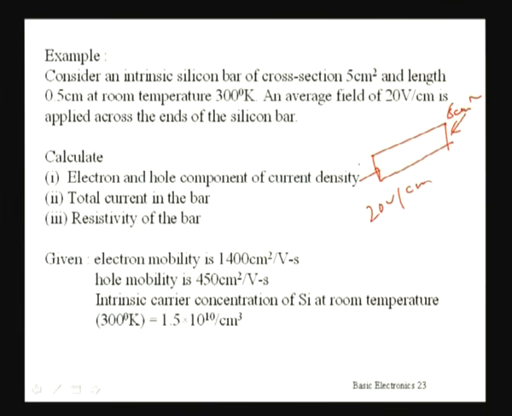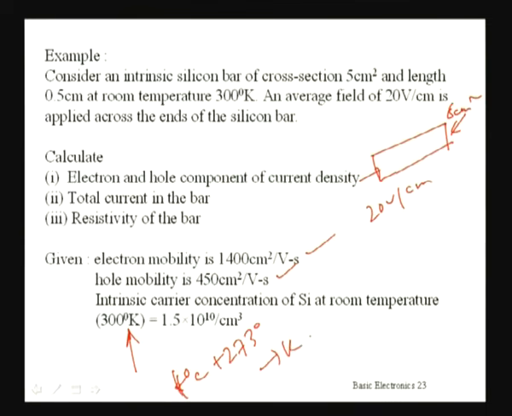Now, you are given that the mobility of electrons is 1400 centimeter square per volt second, and hole mobility is 450 centimeter square per volt second. The intrinsic carrier concentration of silicon at 300 degree Kelvin, which is generally taken as room temperature, is given. You know Kelvin is T, small t degree centigrade plus 273, that gives you the Kelvin temperature.